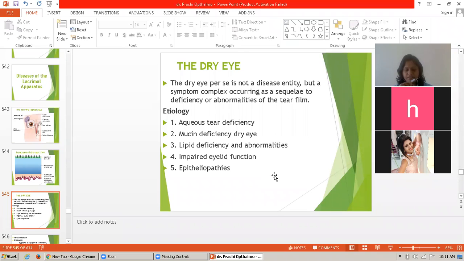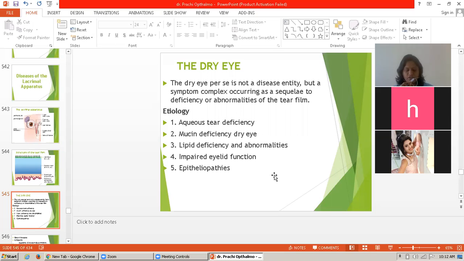When there is a defect in the drainage of the lacrimal system, it causes watering from the eyes, and an obstructed lacrimal sac may be chronically or acutely inflamed.